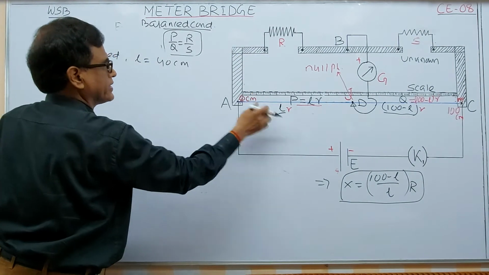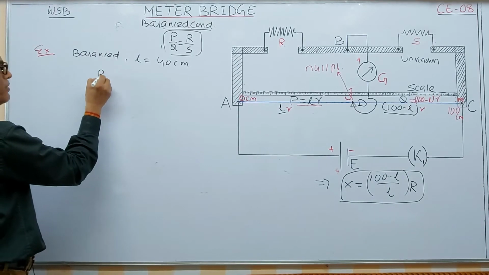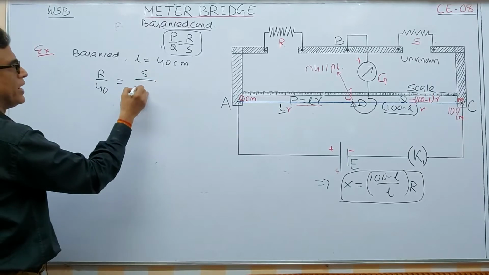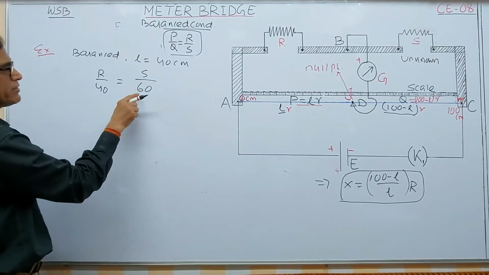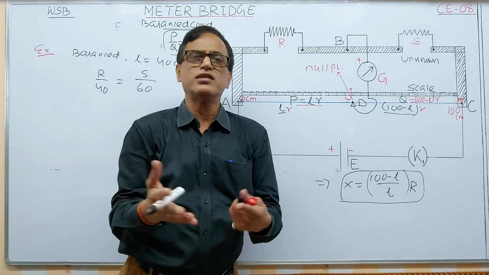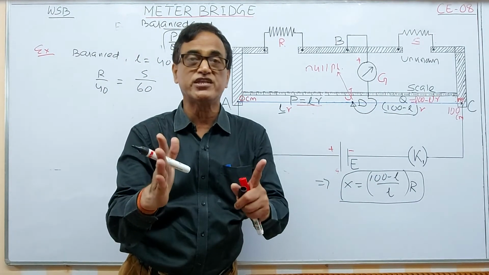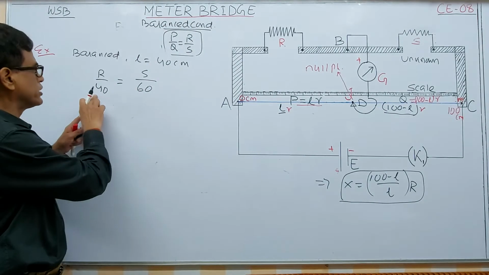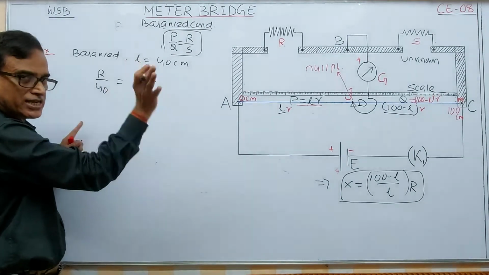Then this by this, directly take: R by 40 equal to S by 60. If it is L, it is 100 minus L. The name is meter bridge, 100 centimeter in length. No need of converting to meter because the unit on both sides will be cancelled out.